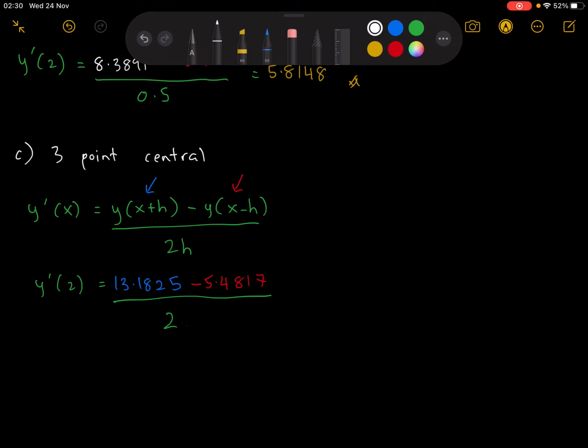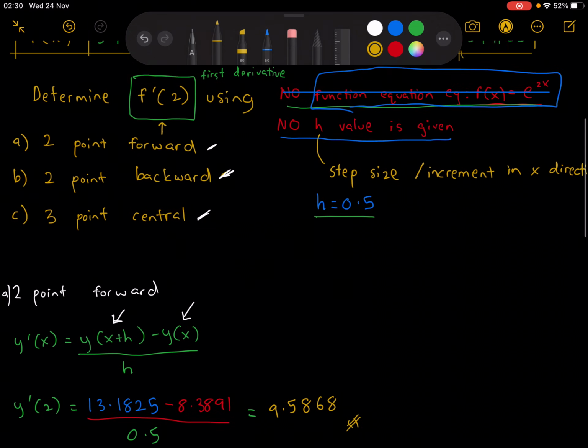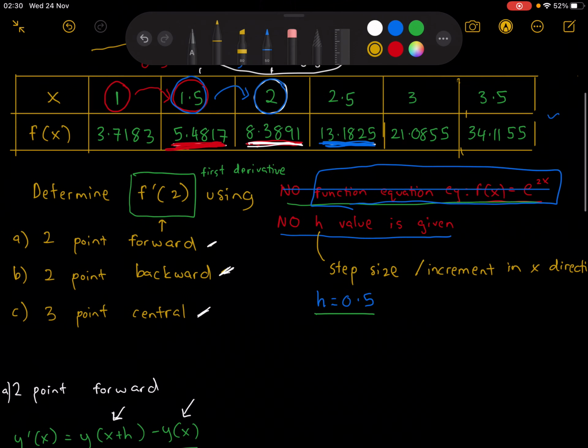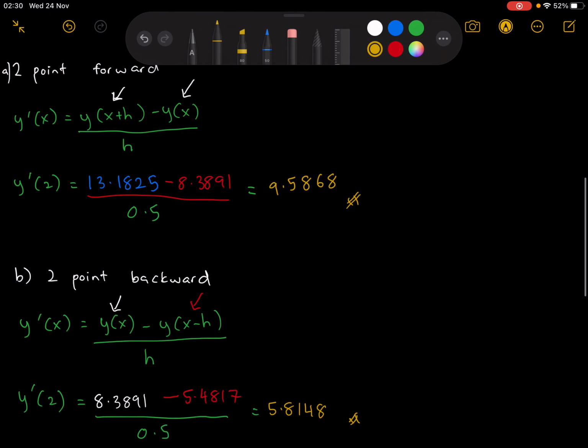So the value of h is 0.5. If we use our calculator straight away, we'll get 7.7008.